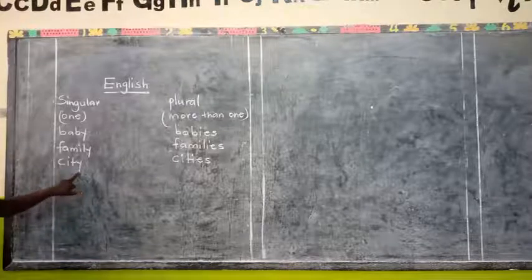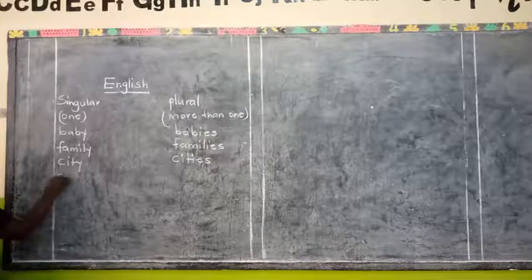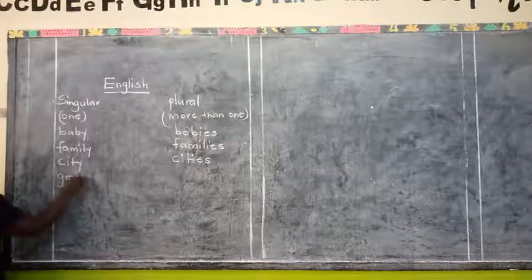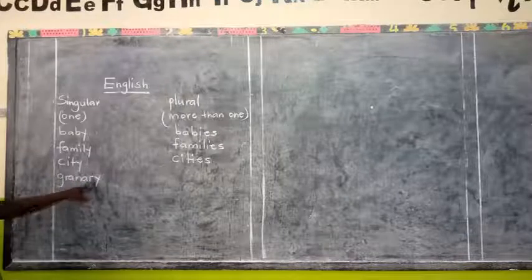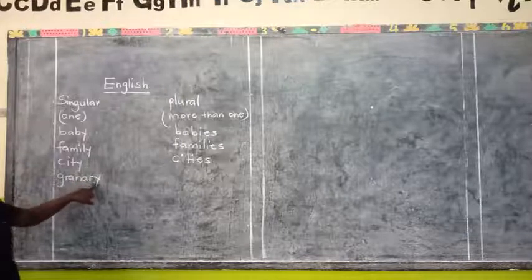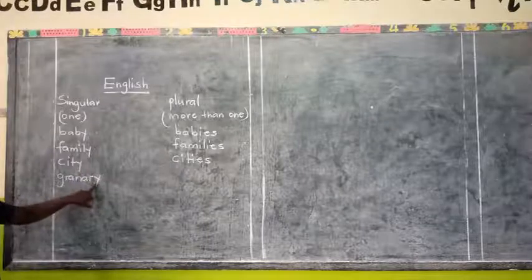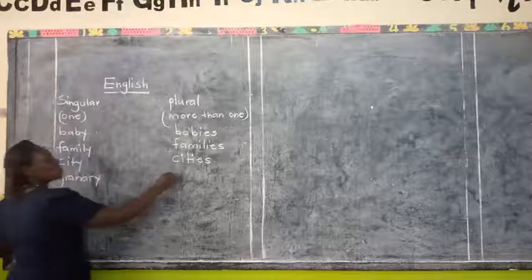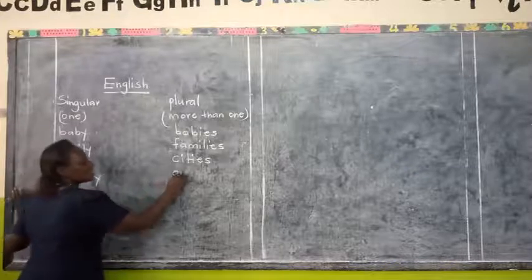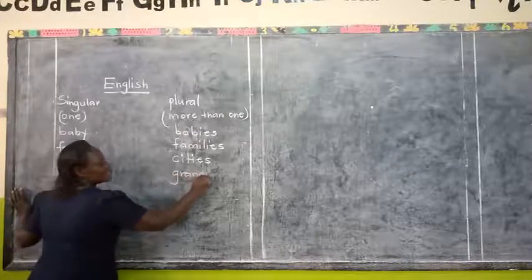Then we also have granary. Granary is a store where we put our grains. If it is one, it is known as a granary. And when they are more than one, we call them granaries.